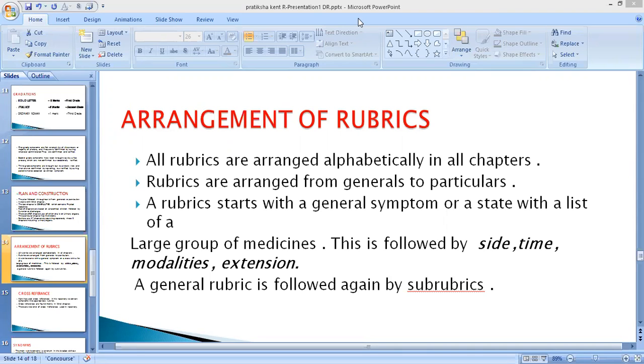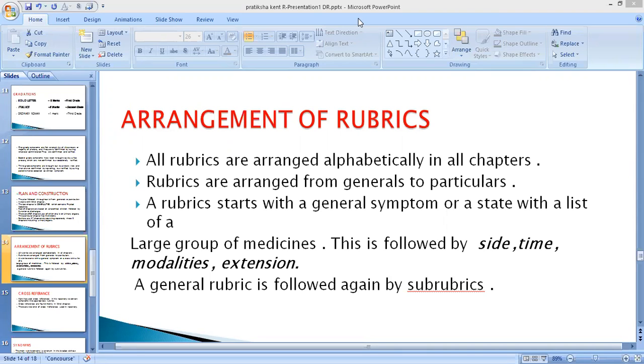So first the general time related rubric is given, that is daytime, and in front of daytime all the rubrics related to pain in head at daytime are given. Then morning, forenoon, noon, afternoon, as the sun rises the timings are given. Then afternoon, evening, twilight, night, midnight, after midnight.